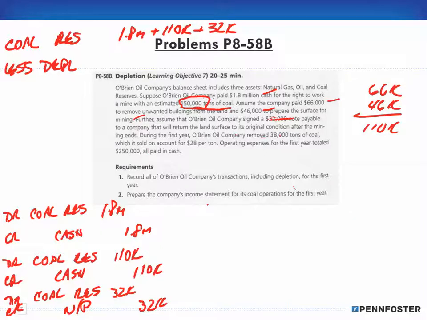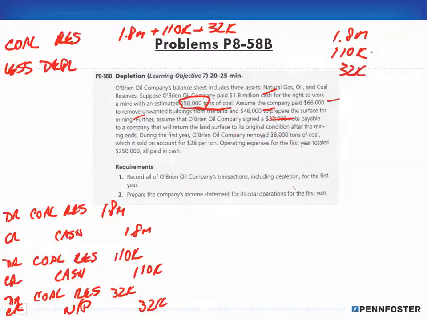We have to do a little bit of a calculation here. Our book value so far is the 1.8 million, the 110,000, and the 32,000. Remember, this 110 is 66 plus 46, right?